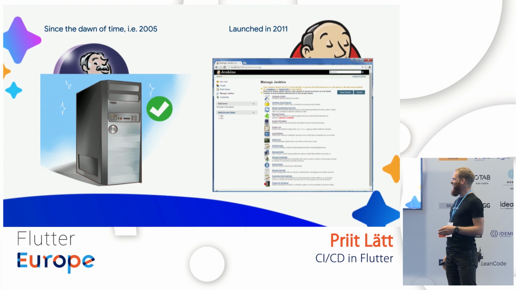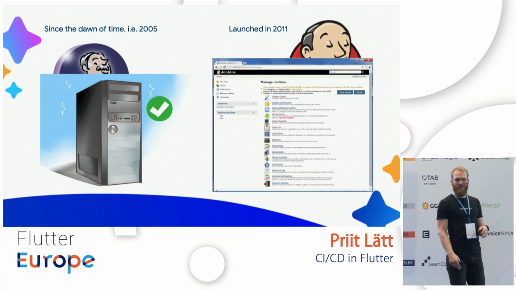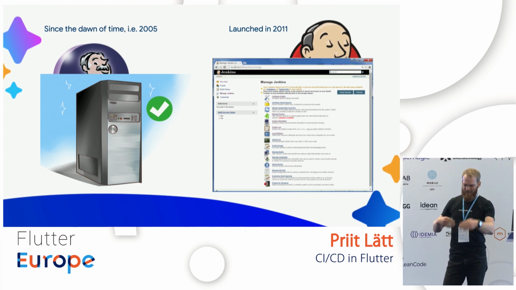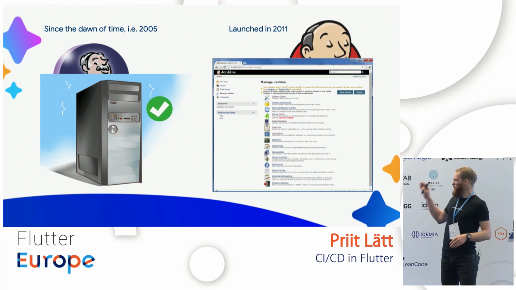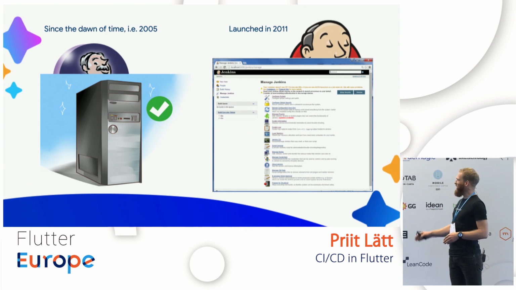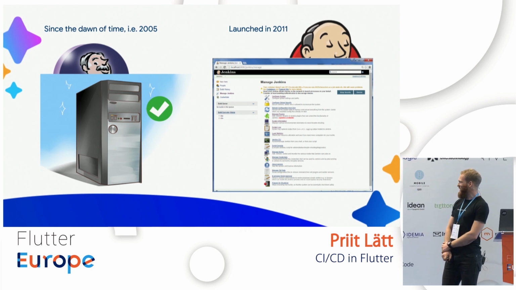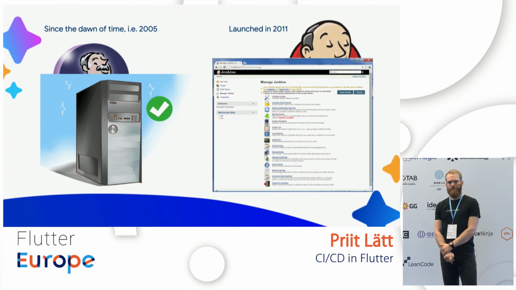Back in the day, of course, what you needed to feed it, to keep it alive, was your own server farm, and going through this maybe not so user-friendly UI.